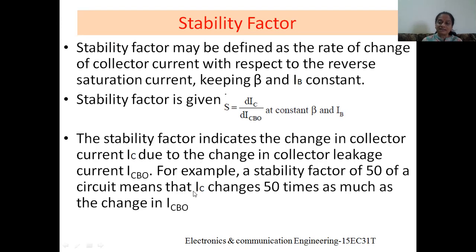So when a large collector current flows, it's destructive and the transistor may blow out. That's called thermal runaway. So this thermal runaway, or a change in collector current because of change in reverse saturation current, is measured by the stability factor. It is defined as the rate of change of collector current with respect to the reverse saturation current. This plays a very important role in designing a transistor amplifier.